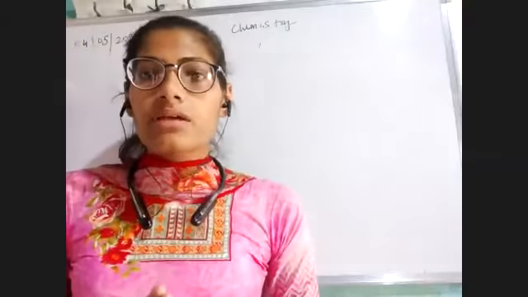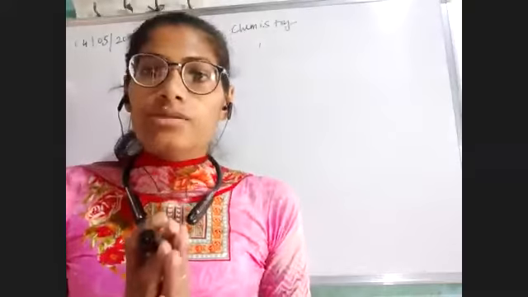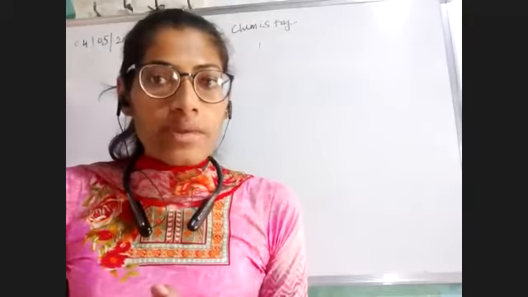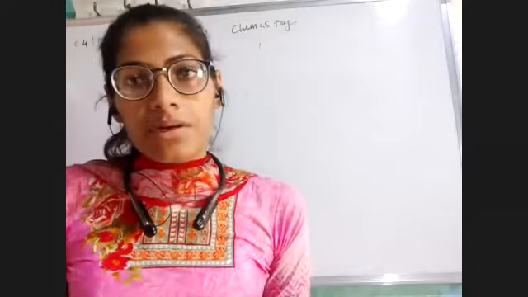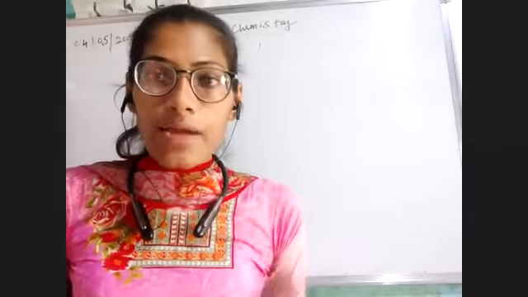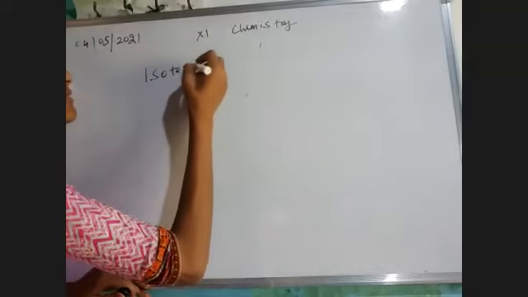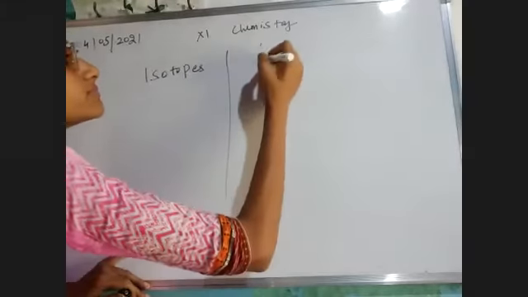Isotopes are defined as atoms which have the same atomic number but different mass number. What I'm saying is that they have the same atomic number but different mass number. So isotope and isobar.